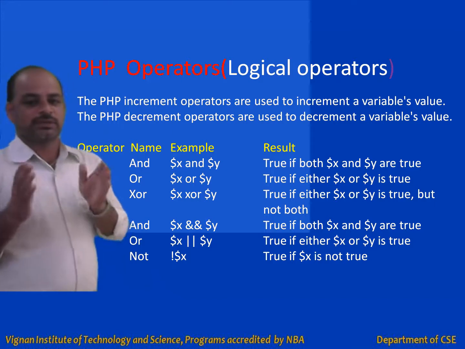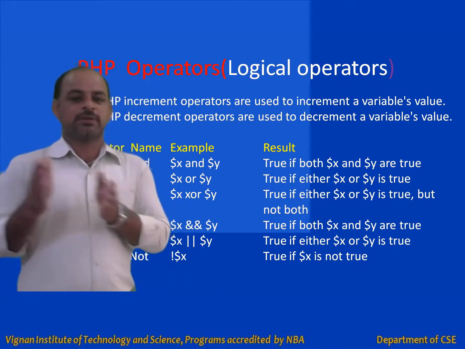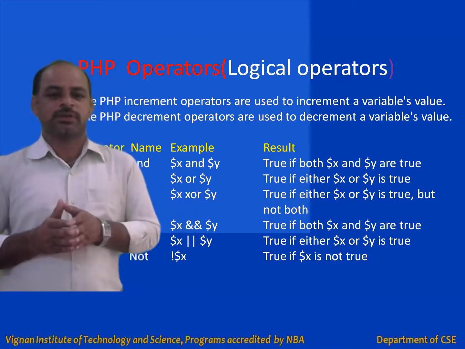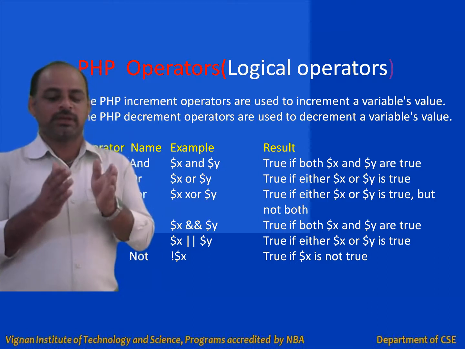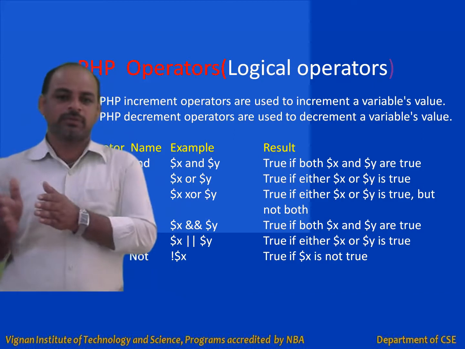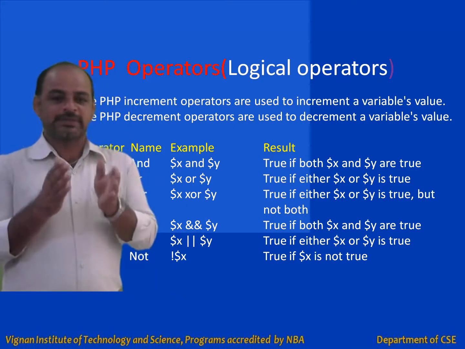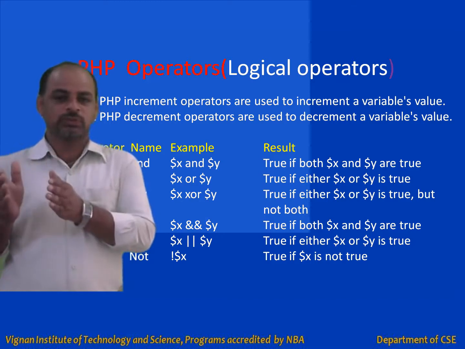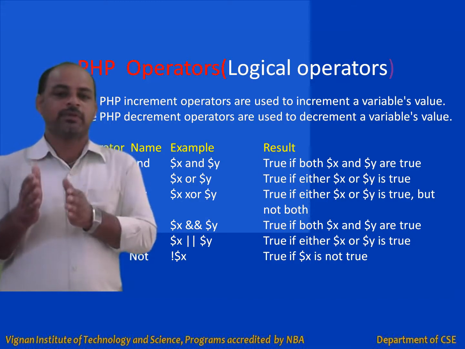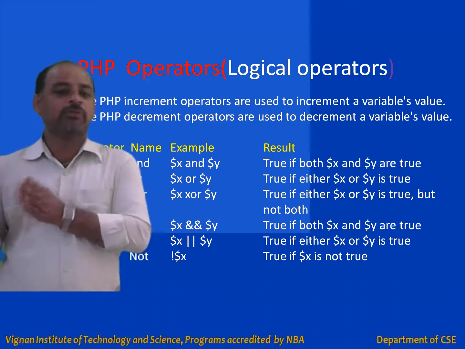So what is the logical AND operator? Suppose x and y are two Boolean variables, and x has some Boolean value and y has some Boolean value. The logical AND operator returns the result as true if the x value and y value are both true. Otherwise, it returns the Boolean value false.